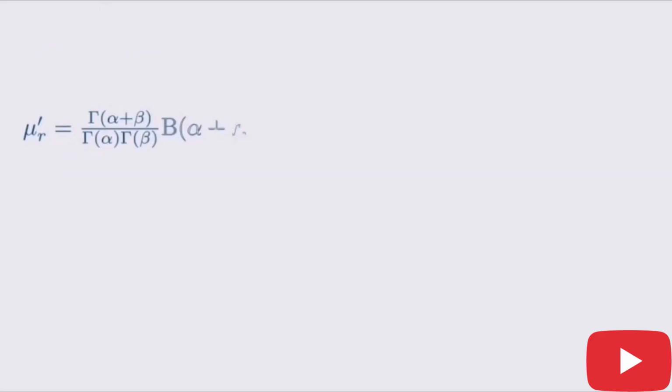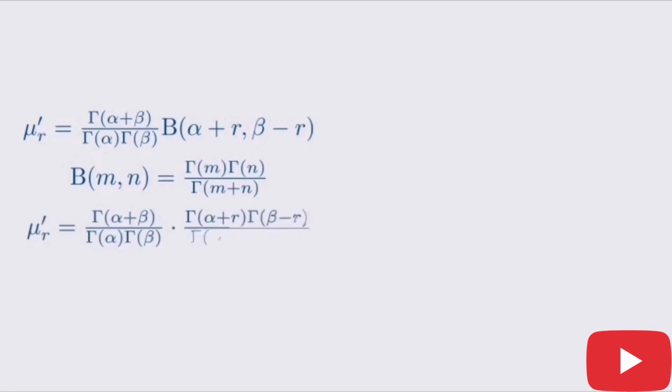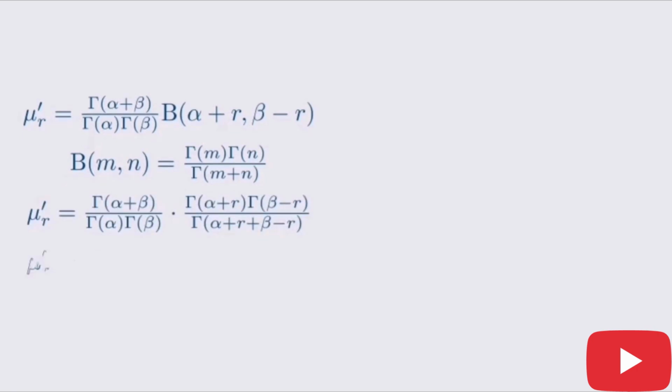Now, let's combine everything we've found back into our equation for the rth moment. We have our leading constant and the result from our integral. To simplify this further, we use the identity that relates the beta function to the gamma function. Let's apply this identity to the beta term on the right. Notice what happens in the denominator of the second fraction. The positive r and negative r cancel out, leaving us with just gamma of alpha plus beta.